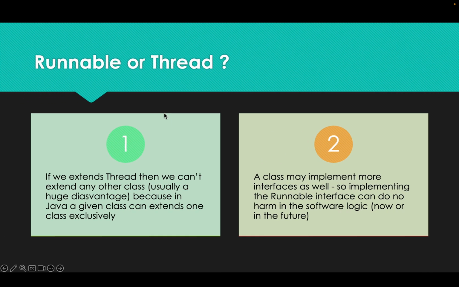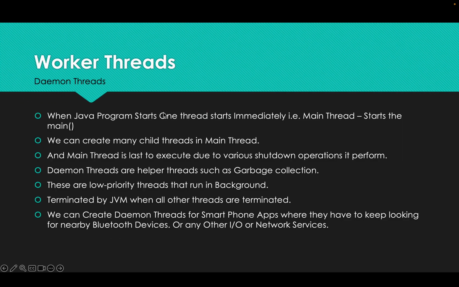Now moving ahead, there is yet another topic that I wanted to cover in this session, which is worker threads, or in some ways we can say daemon threads. The terms worker threads and daemon threads are used interchangeably. As the Java program starts, one thing is for sure, that is the main thread, which starts the main method.